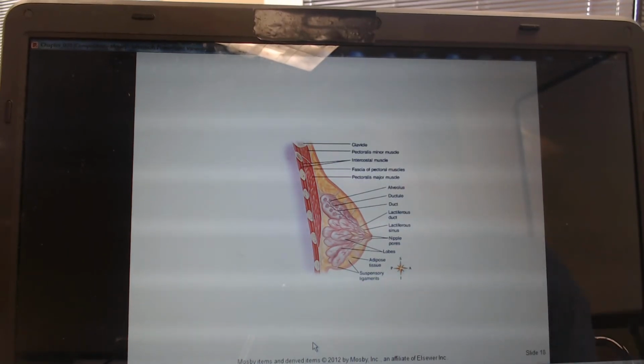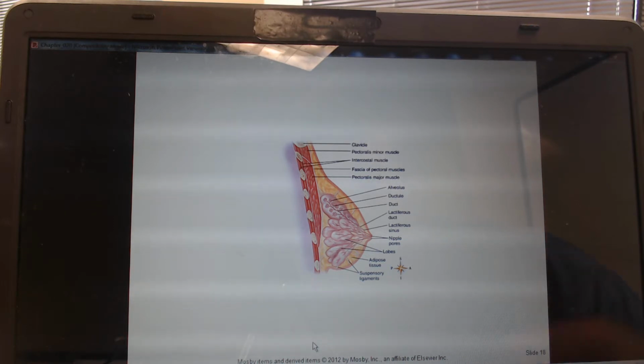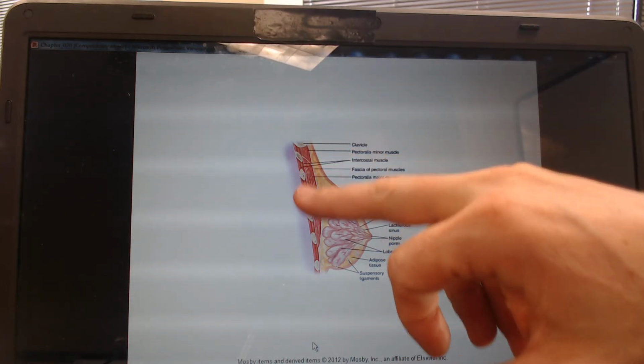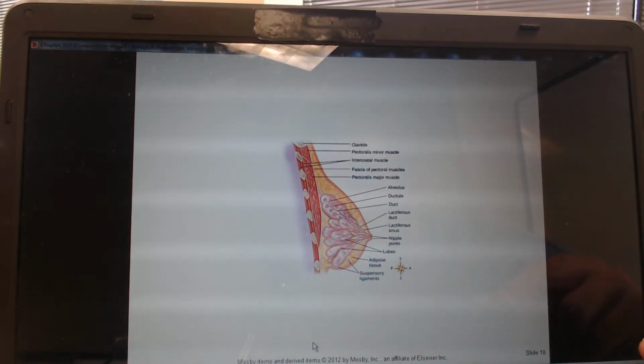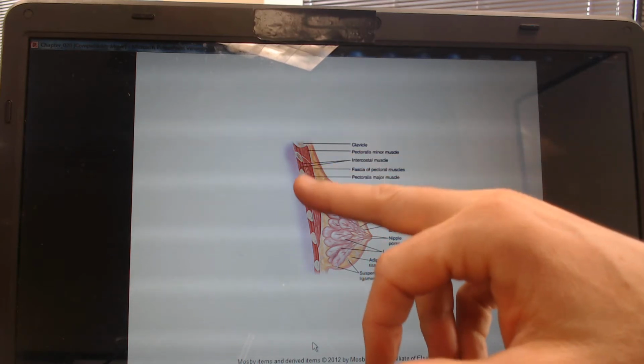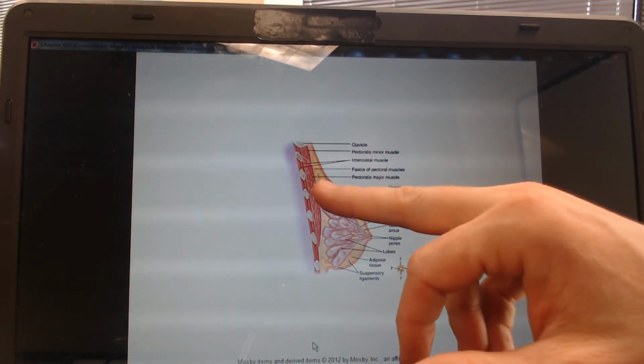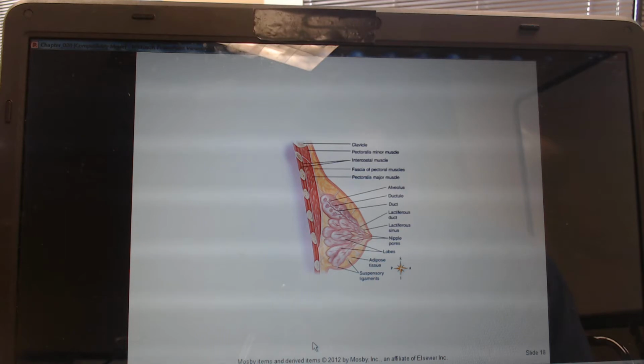And here's the female breast tissue. Again, it is a gland associated with the female reproductive system. As we can see, we've got the collarbone, the ribs of the thoracic cavity, the pectoral muscle, and then we have adipose in yellow over top of the pectoral muscle.